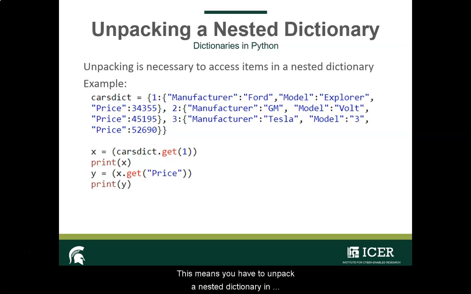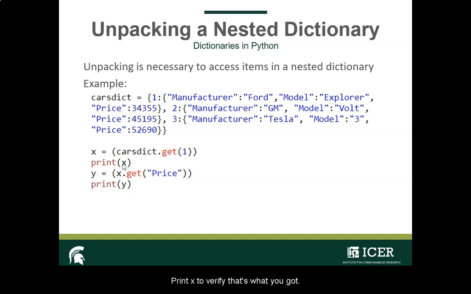This means you have to unpack a nested dictionary in order to make the items accessible for use. So here I'm going to define the variable x, and I'm going to ask that the first position, which is car number 2, be returned and assigned to the x variable.